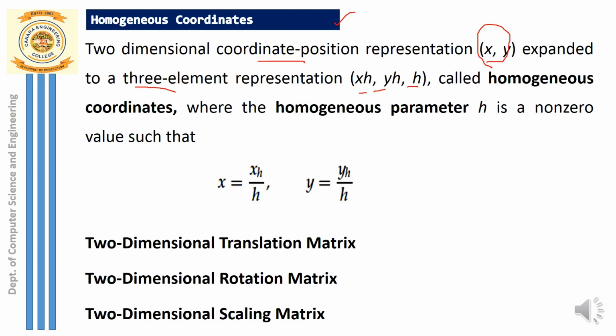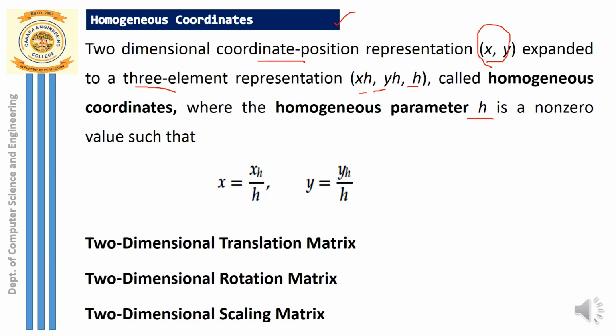Here xh represents the x coordinate in the homogeneous coordinate system, yh is the y coordinate in the homogeneous coordinate system, and h represents a non-zero value, or a homogeneous parameter. That h value is given by xh by x, or the other way around, x is equal to xh by h.